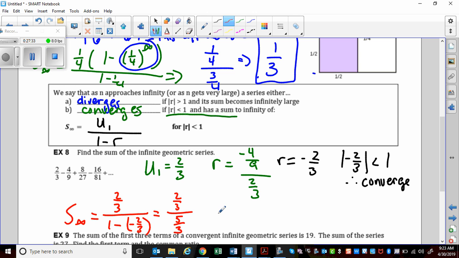Multiplied by the reciprocal, the 3's will cancel, so we get 2/5. And it's positive. I want you guys to try the other ones. Remember to use the formula, and it only works if your series converges. Have a wonderful day.